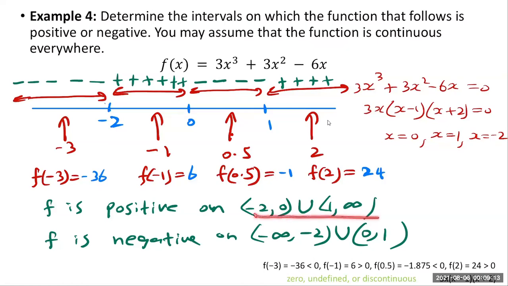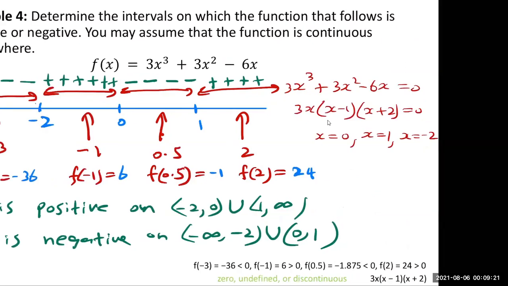This is the set where your function is positive, and this is the set of x values where your function is negative. All right.